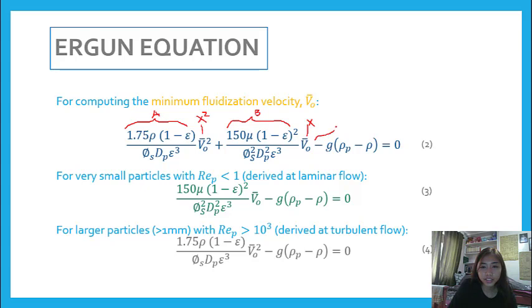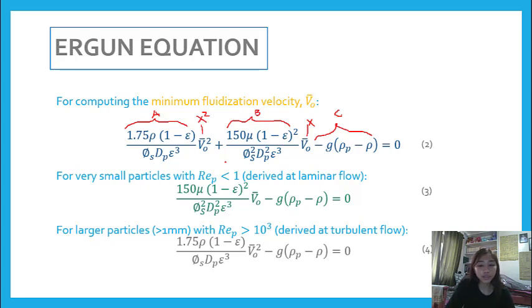So we can convert this Ergun equation to a quadratic equation. And by that, we can directly substitute the computed values in our calculator and solve directly for the minimum fluidization velocity. And take note, there are two answers. So we must take the positive answer, not the negative one.